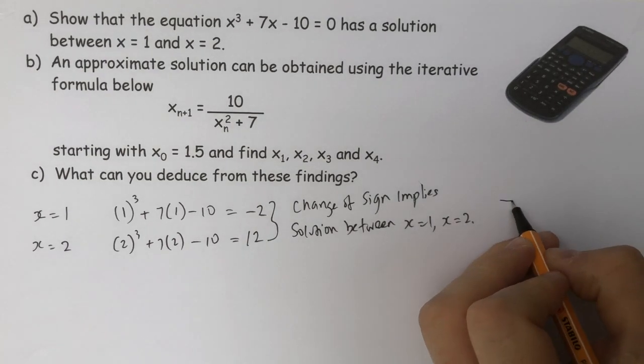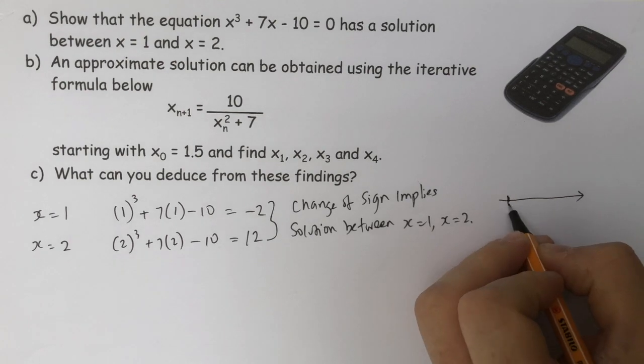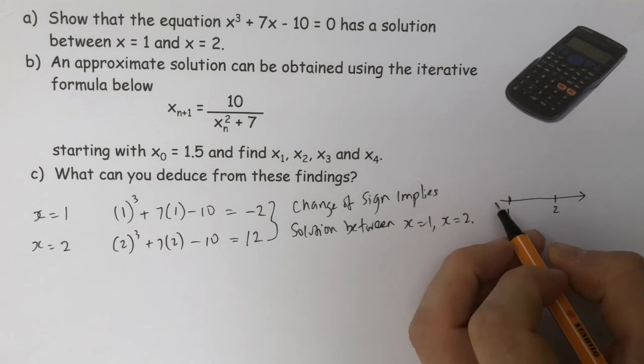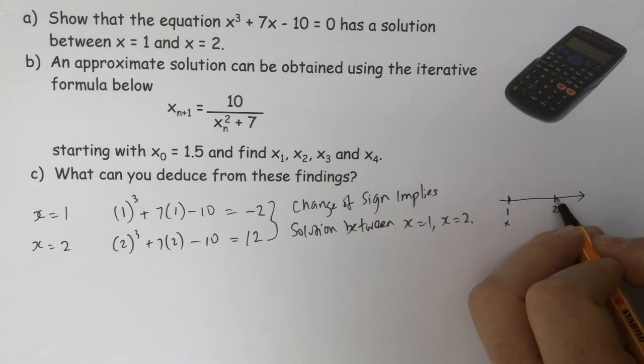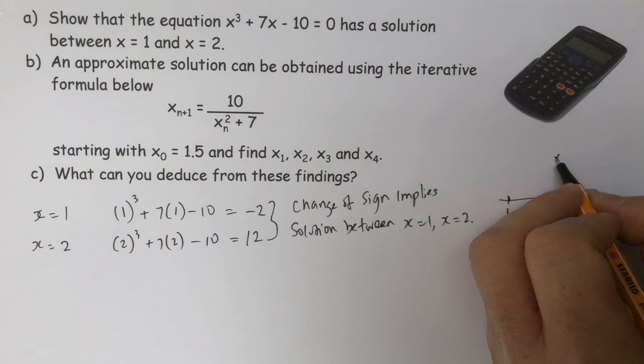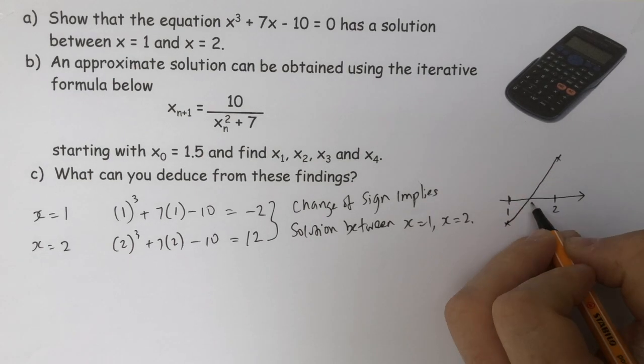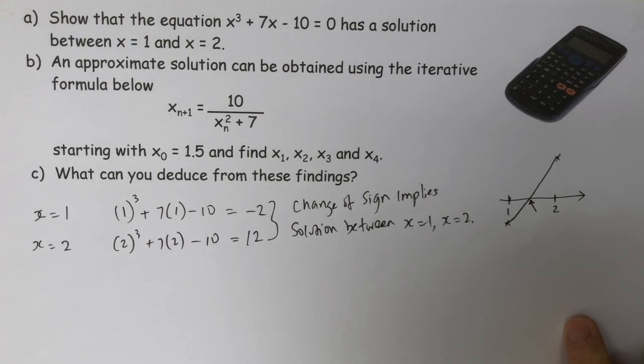The reason is because on the x-axis, at 1 we're down at minus 2, at 2 we're up at 12, so the curve must have crossed the x-axis somewhere between 1 and 2. So that's why I'm able to write that statement.